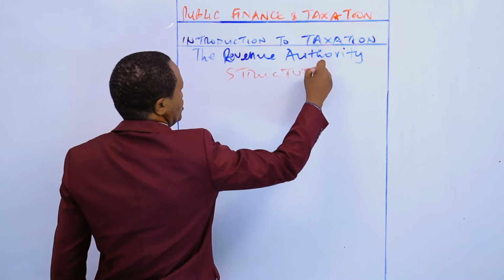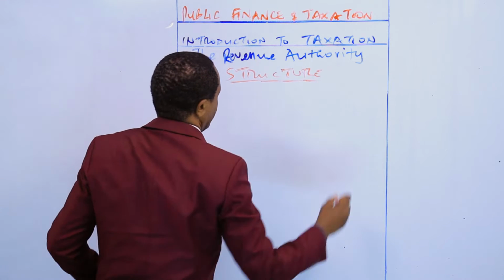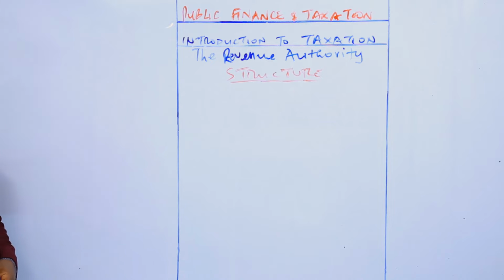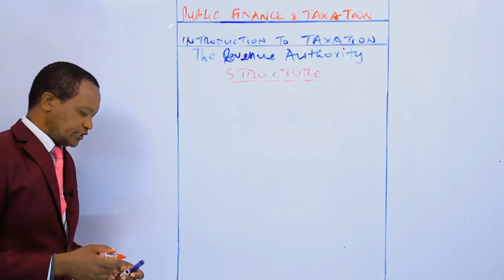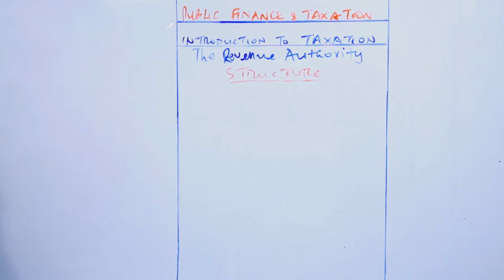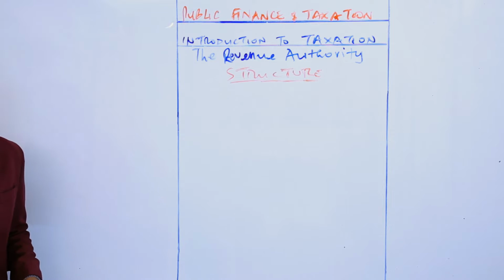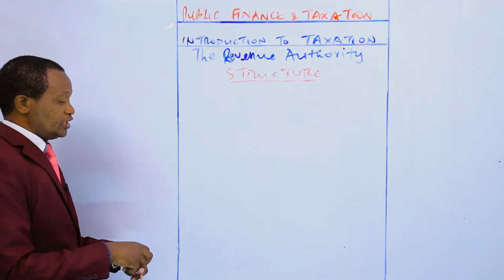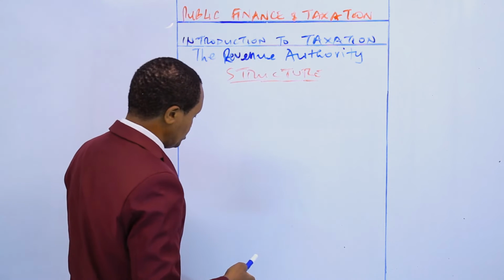The organizational structure of Kenya Revenue Authority is designed to effectively manage its diverse functions and to cater to different taxpayer segments. And while specific departmental names and reporting lines can evolve, the general structure includes: 1, at the top, we have the board of directors.